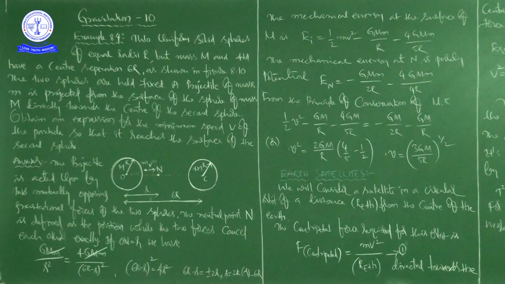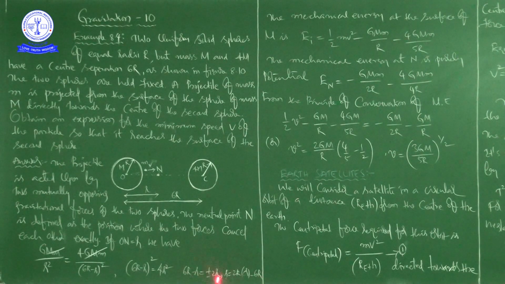There is a difference between small r and capital R, so don't confuse them. Capital R is the radius of the sphere, and the distance between the two spheres is in terms of it, but small r is the distance of the neutral point from the center of the first sphere. So small r is equal to 2R over 3, or minus 6R over 5.